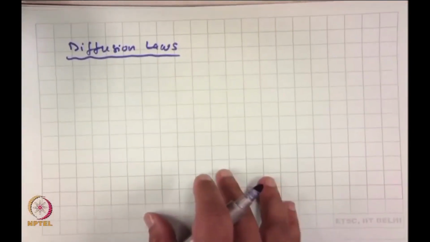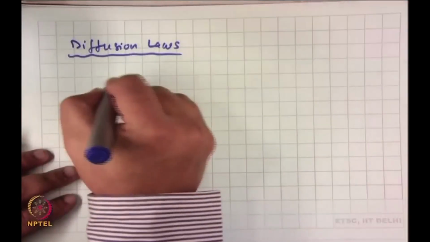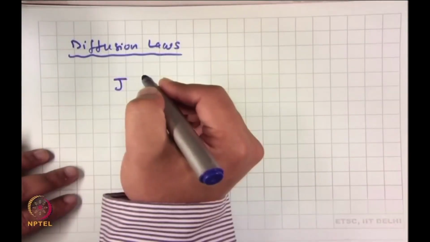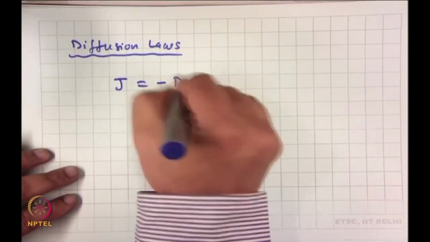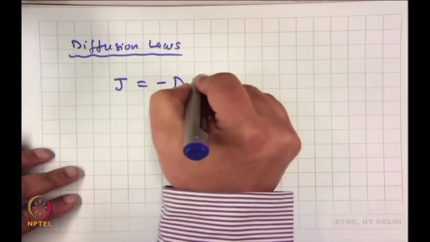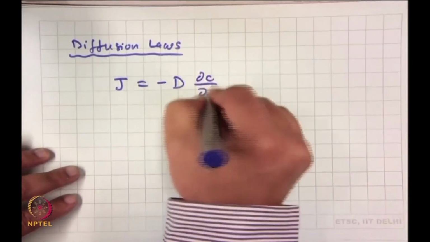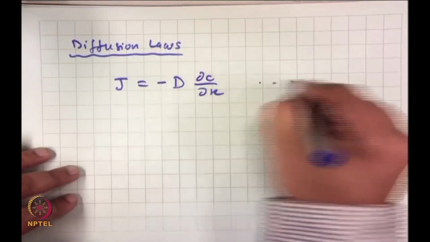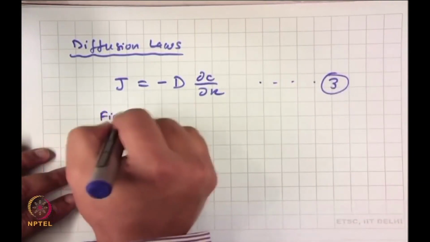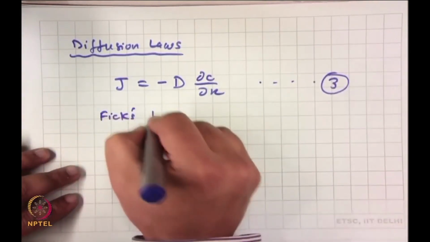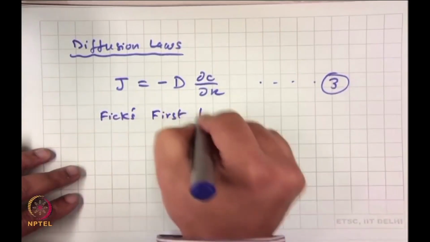Fick said that your flux J is equal to minus D delta C over delta x. This is equation 3, and this is referred to as Fick's first law.